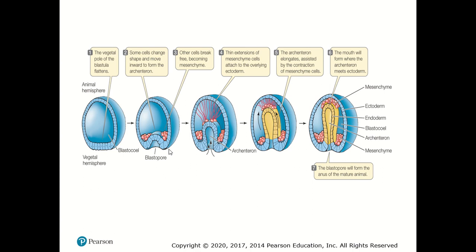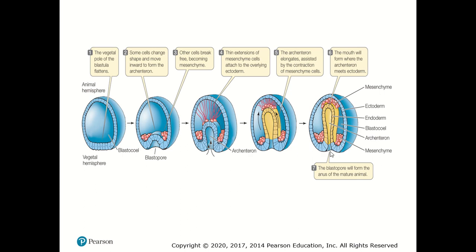This blastopore is maintained throughout the days in development of the animal, until the gastrula is formed, where the 3 germ layers, ectoderm, endoderm, and mesoderm, start to be formed. Notice what the blastocele is doing. This fluid-filled cavity is now indented. So this part right here underwent an indentation and a folding to form that blastopore.